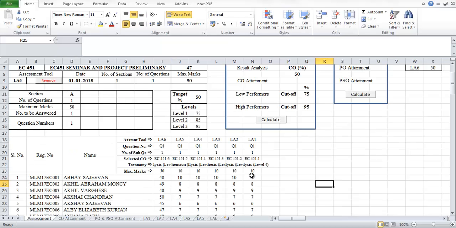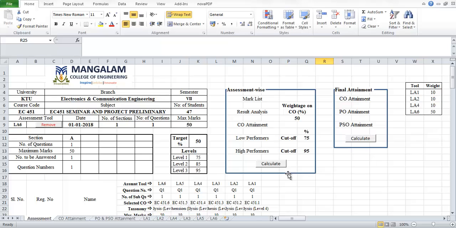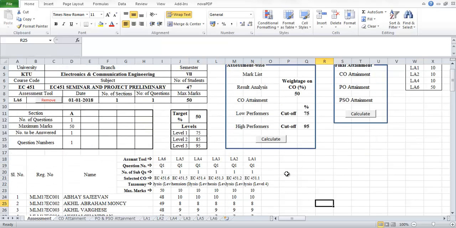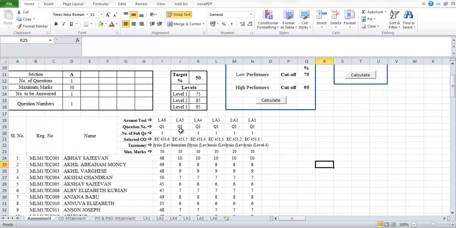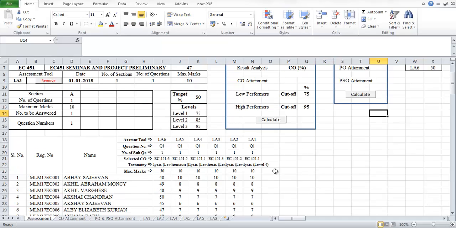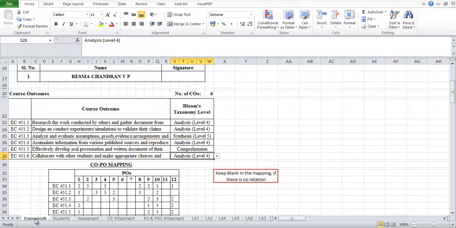Now what we have to remember here is that for design project we can do it in a similar way, based on how each department has done it and how the internal marks have been given. You can divide based on the COs. So for design project also the department will have to come up with its own set of design COs, as we have written in the framework sheet here.